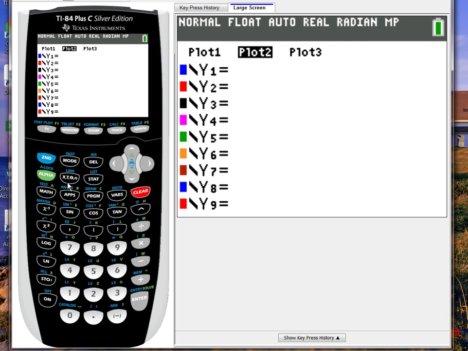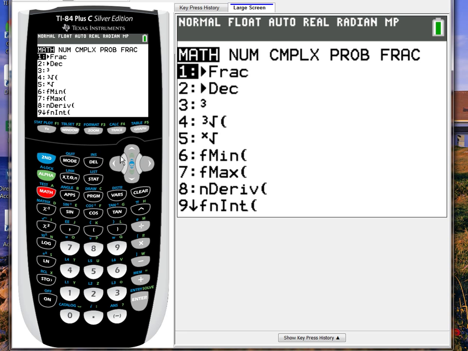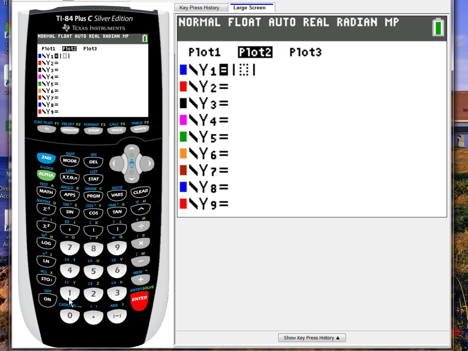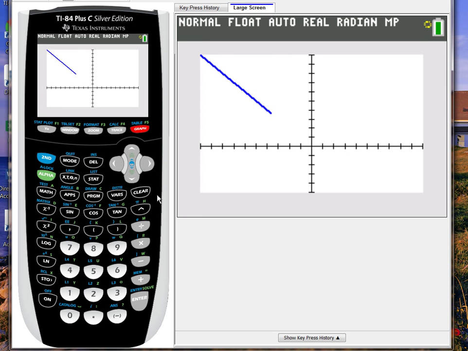I'm going to go to my absolute value function, and I'm going to put in absolute value of x. Notice that that's going to be my blue graph, and when I graph it, it looks like what I had on the paper a second ago, right?